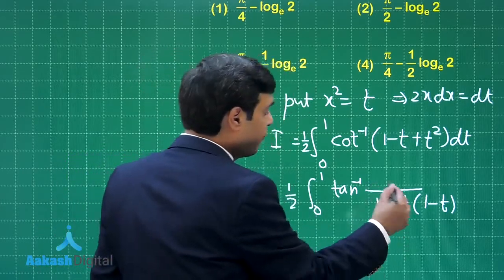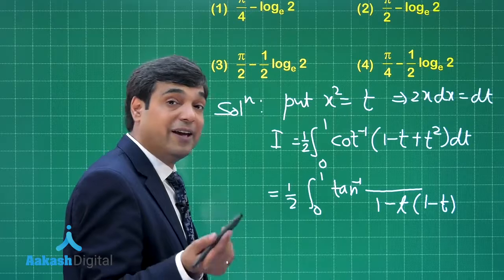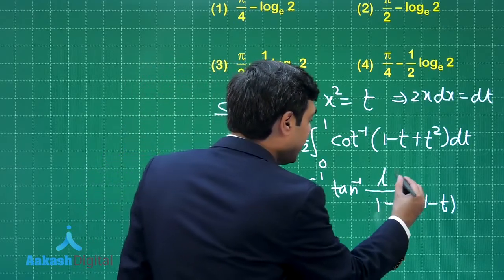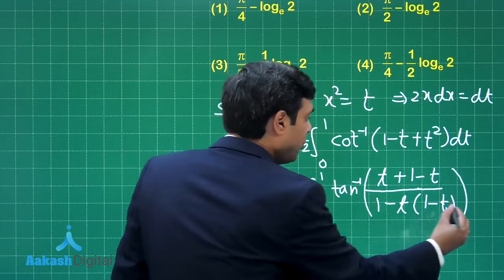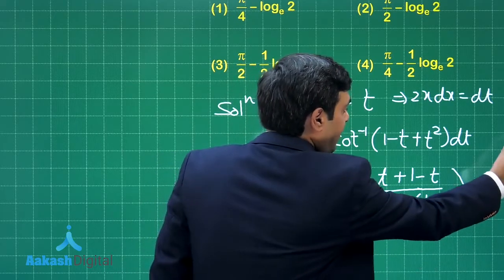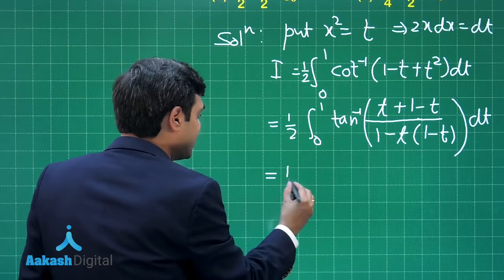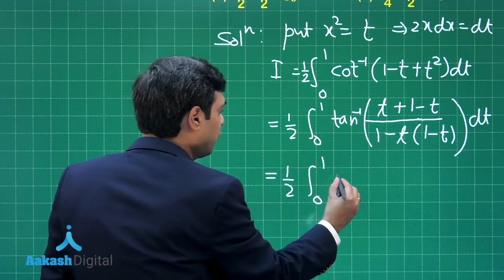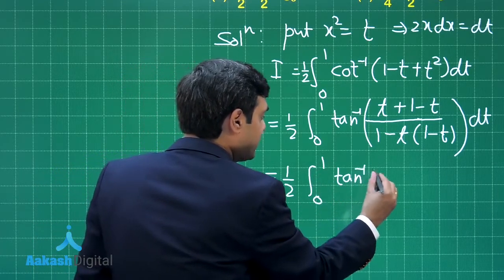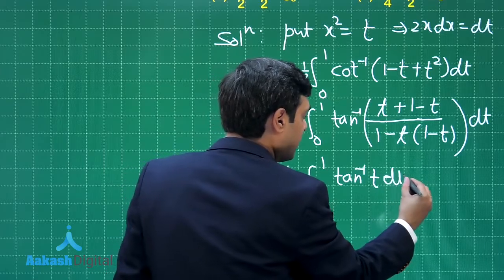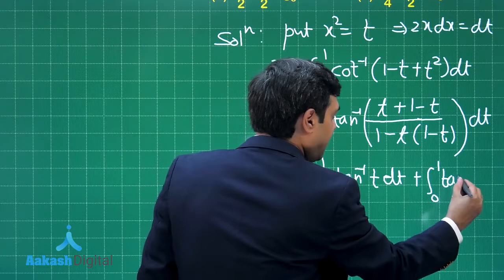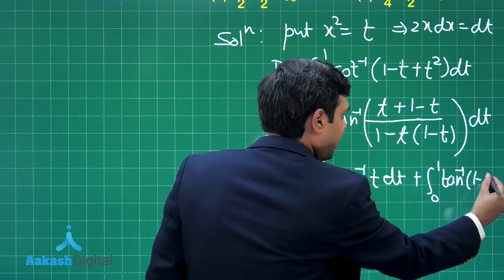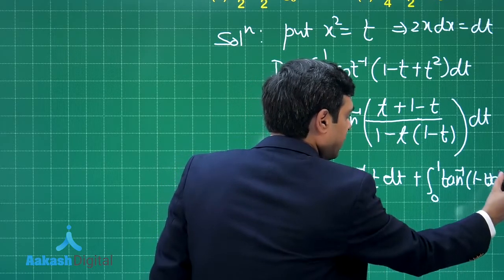In the denominator you have 1 minus xy, the numerator should have x plus y, meaning t plus 1 minus t, it is there. So let's write down into dt. I'm sure this is clear. So this is half integral 0 to 1 tan inverse t dt plus 0 to 1 tan inverse 1 minus t dt.